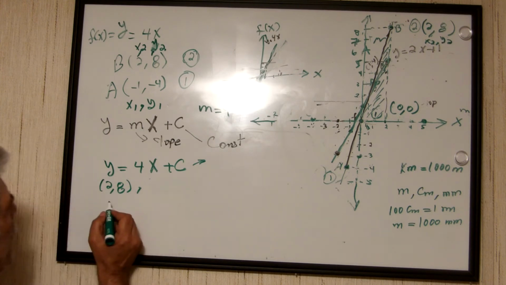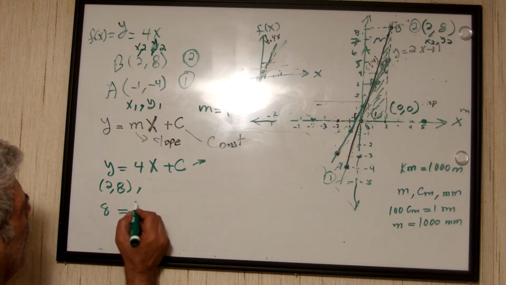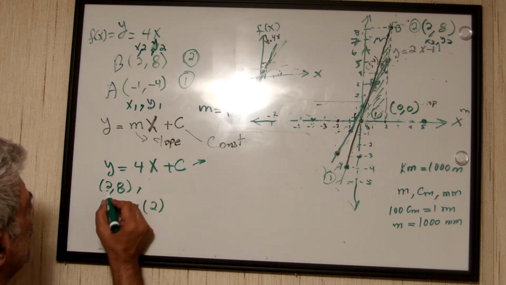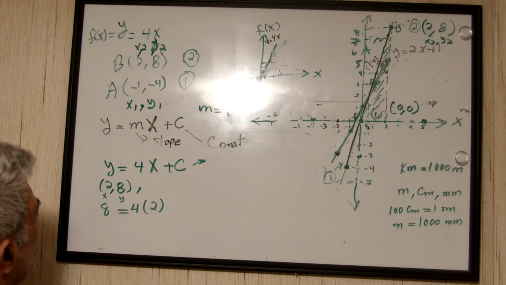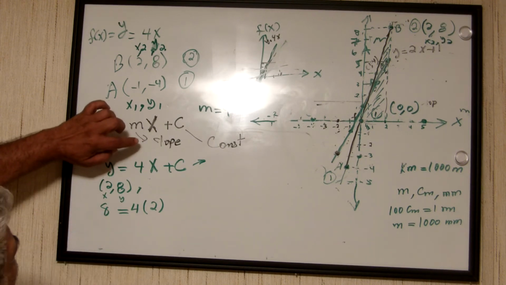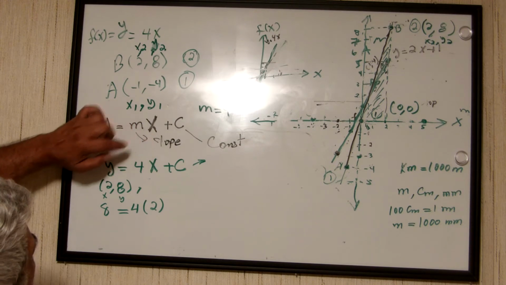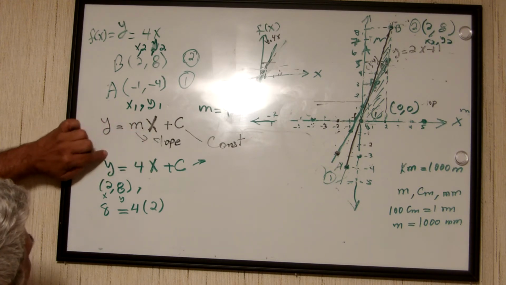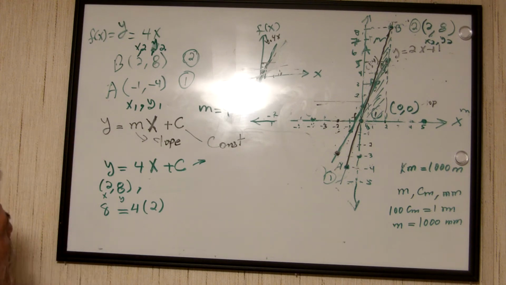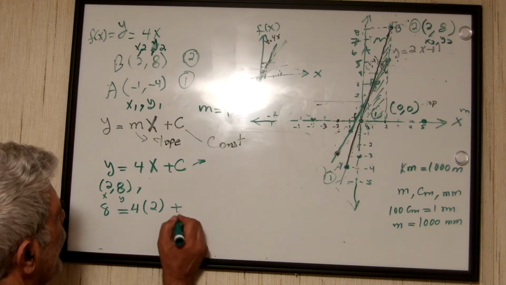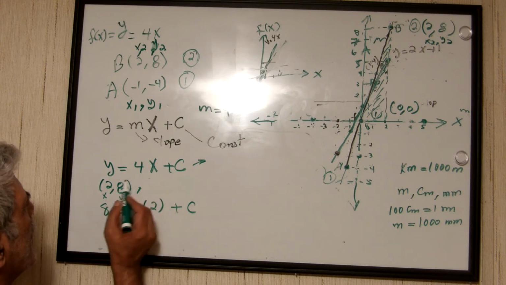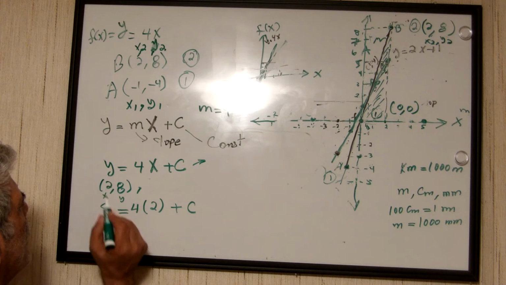So what is it going to be? 8 is equal to 4 times 2. This x is 2. We put the coordinates of that point, where x is 2 and y is 8. So in this equation we put x is 2, one of the points we choose, and y is 8.